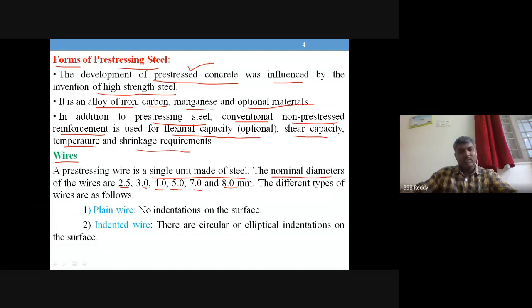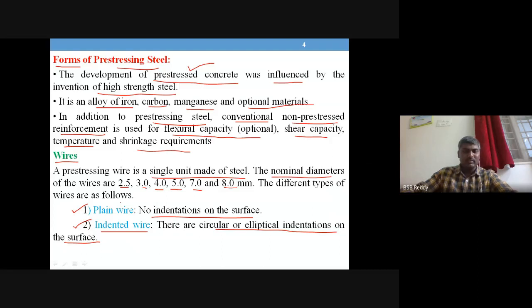Among wires we have again two types. One is a plain wire, another one is an indented wire. Plain wire means we don't have any indentations on the surface, whereas in indented wire, there will be circular or elliptical indentations on the surface.